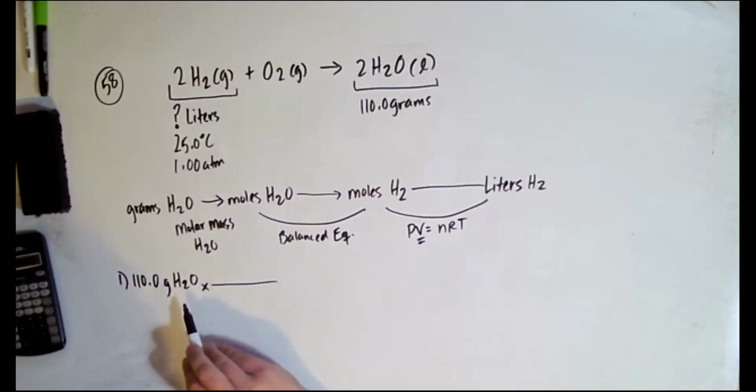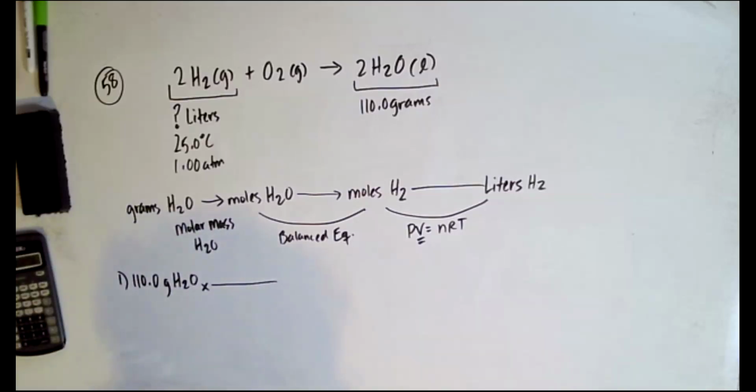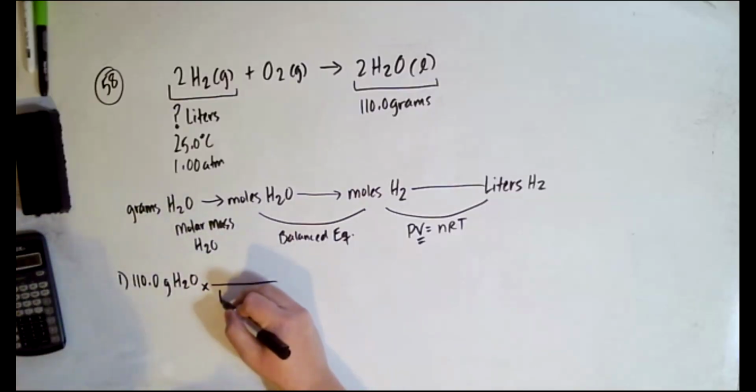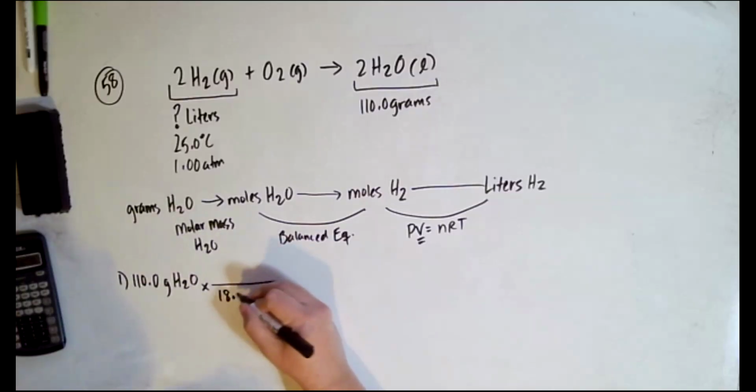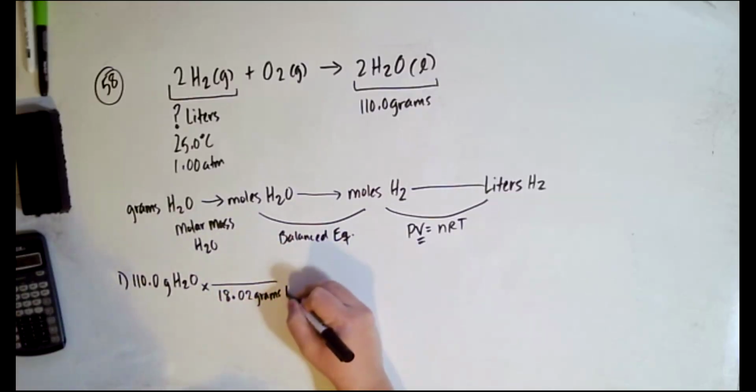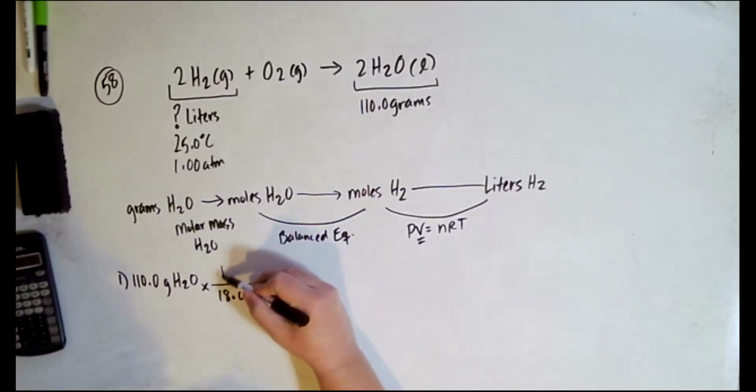We can find the molar mass for H2O by adding up 2 hydrogens plus 1 oxygen. So that's going to be 18.02 grams per mole.